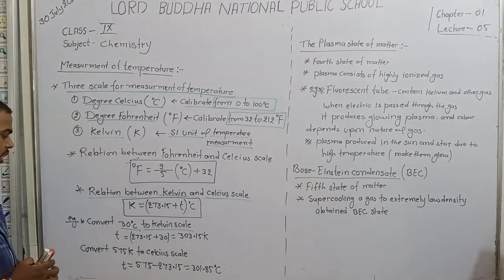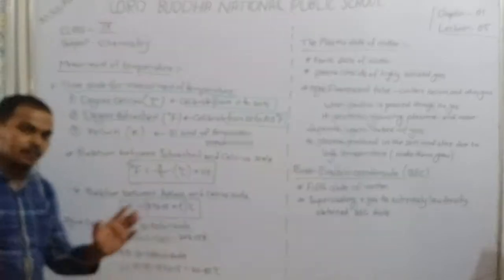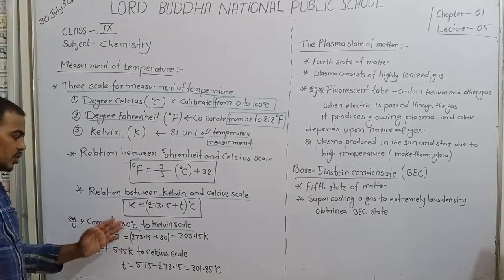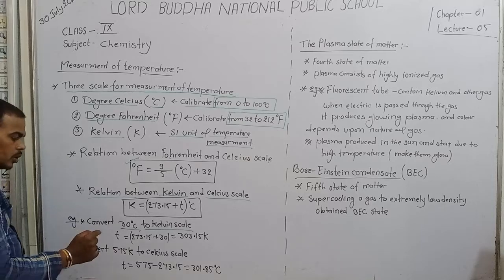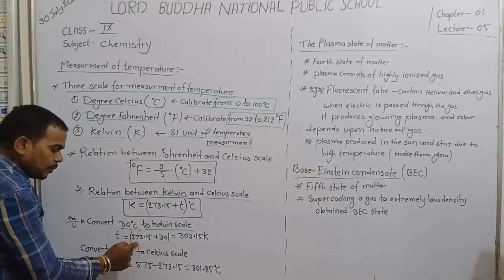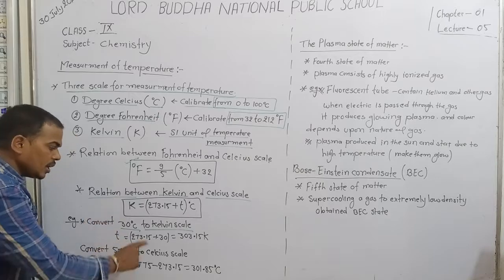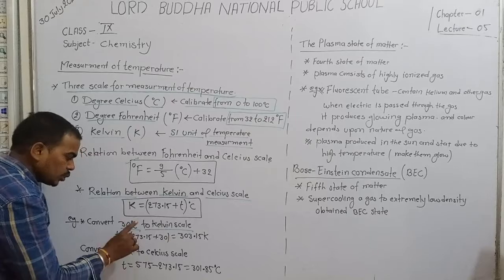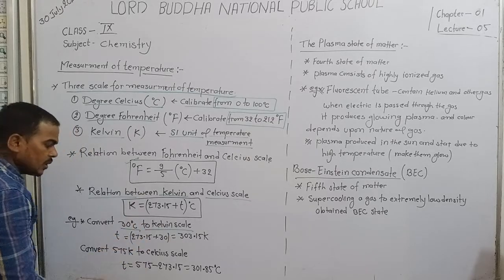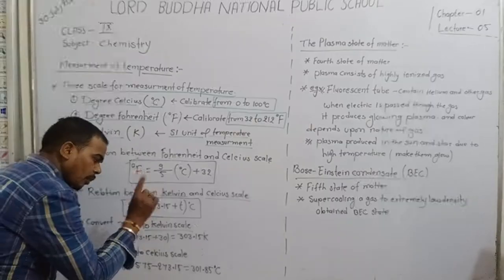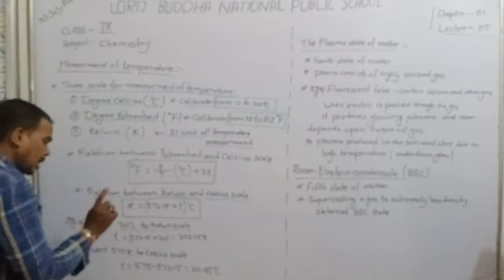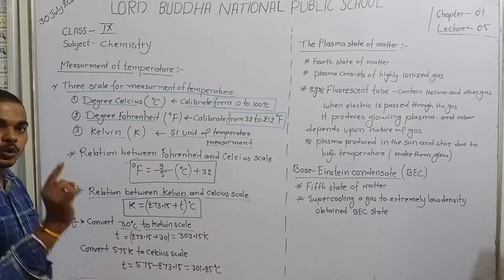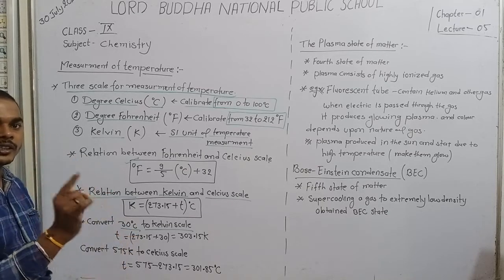For the conversion of degree Celsius into Kelvin, you add 273.15 to the degree Celsius. Here degree Celsius is 30, so 273.15 plus 30 is equal to 303.15 Kelvin. Always remember, to convert degree Celsius into Kelvin, you add 273.15.